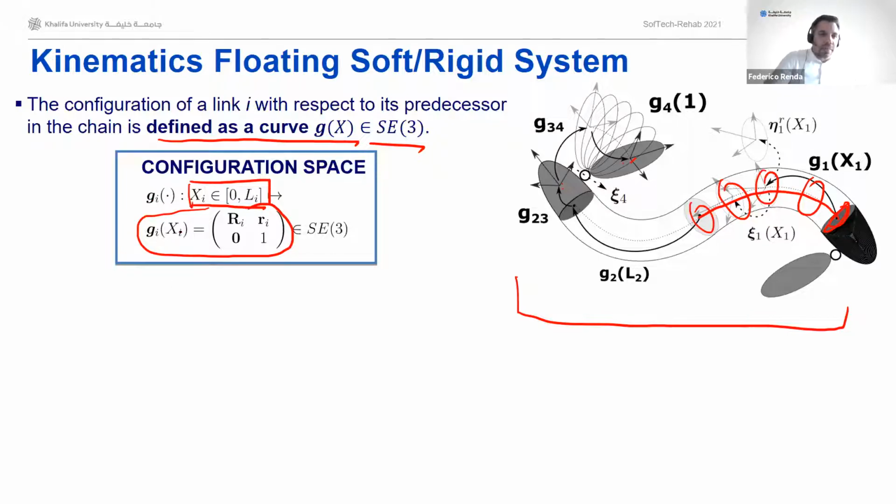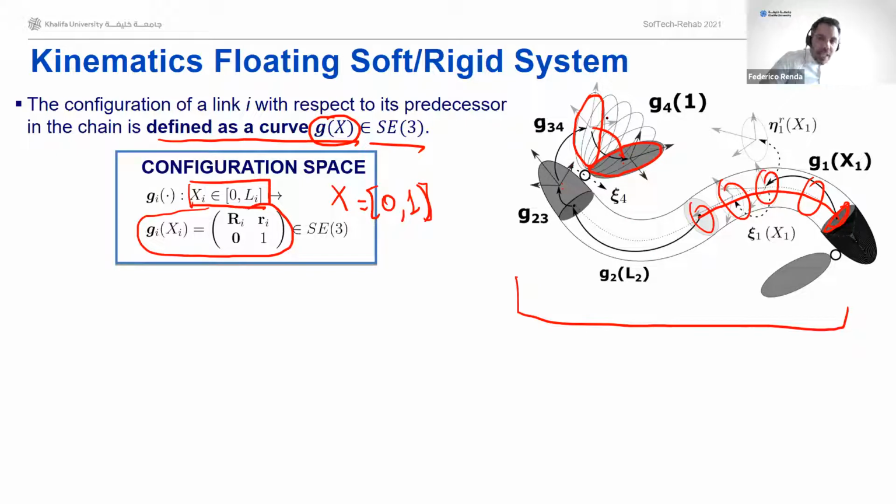Now, it's very important here to note that this continuous definition, g as a function of x, is clearly convenient for soft robots, for soft links, but also for rigid links. What's the meaning in that case? We take x as going from 0 to 1, where 0 points to the reference configuration of the rigid link with respect to the previous link, and 1 points to the actual configuration, where by actual I mean after the action of the joint itself.